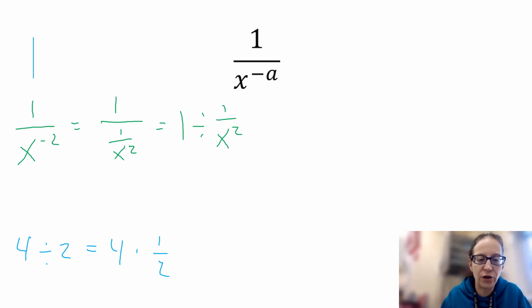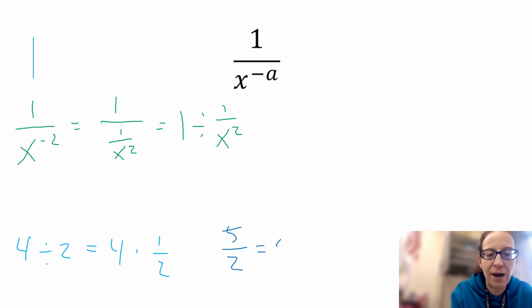Literally, I just switched notation. So 1 divided by 1 over x squared. Now, if you're like, wait, I didn't follow that, Miss Taylor, this is what I did. If you have 5 divided by 2 or 5 halves, that could be written this way. Okay? That's all I did.